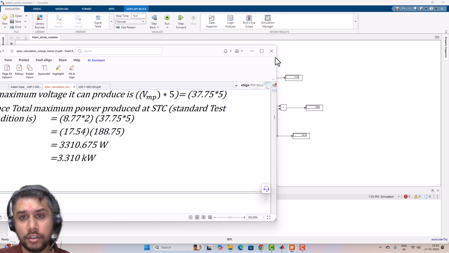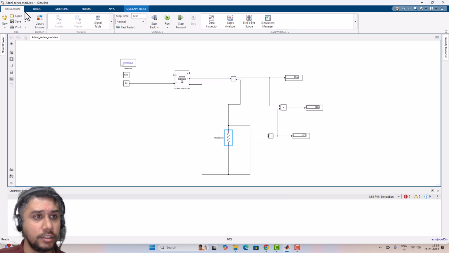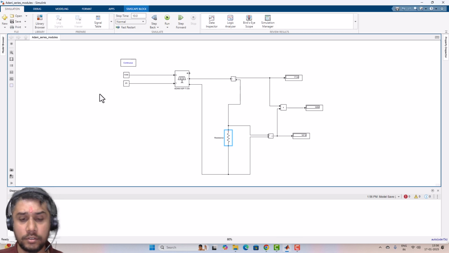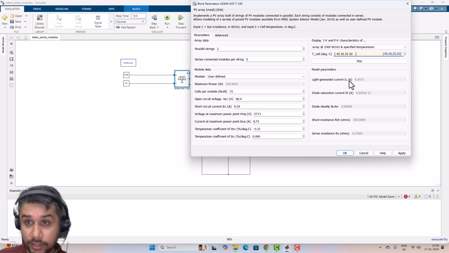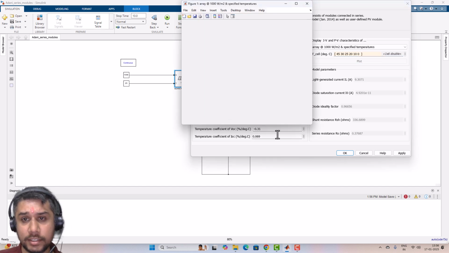So with the help of this you can check the value of power of the whole unit. I have simulated for a 3.3 kilowatt plant. Here you can check different temperatures like 30, 25, 20, 10, 0 and plot the characteristics.